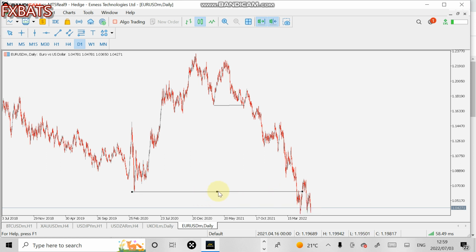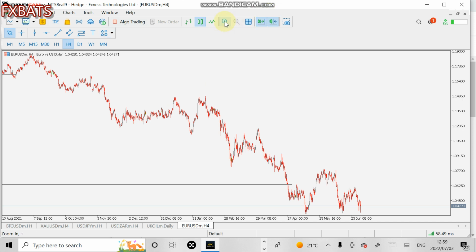So price managed to break this entire structure, showing signs of more sales. We've been seeing Euro hasn't been really doing well.